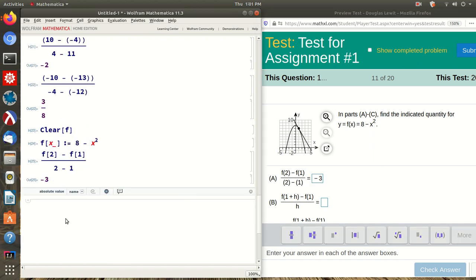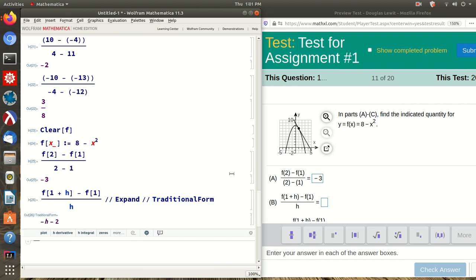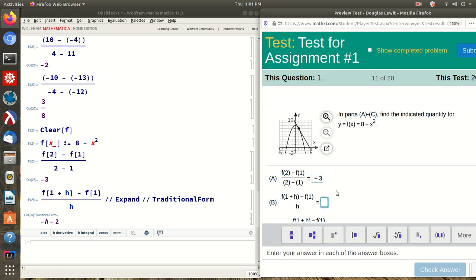Okay. And for part B, f of 1 plus h minus f of 1, divided by h. Let's expand it, make it look nice. Okay, that's going to be negative h minus 2.